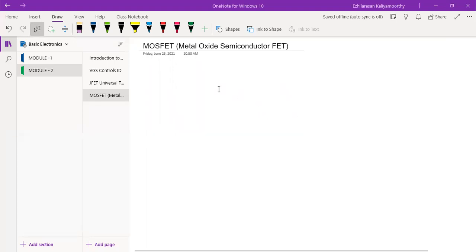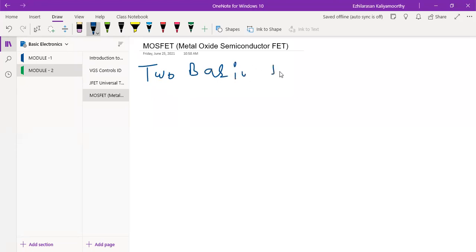Like here, two basic types of MOSFETs. So let me write two basic types of MOSFET. That is, the one is enhancement type.